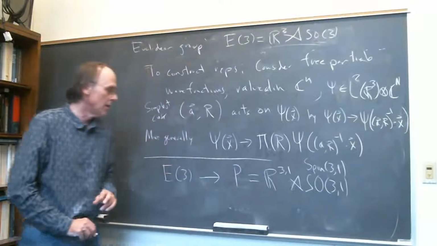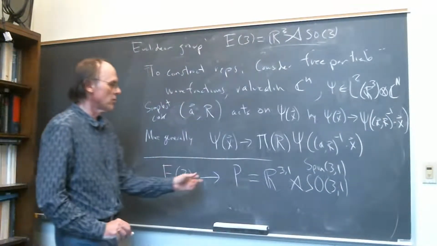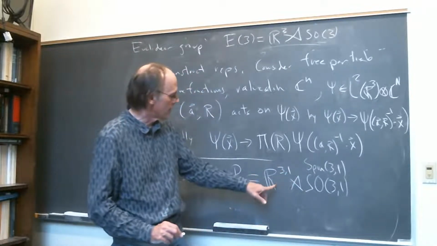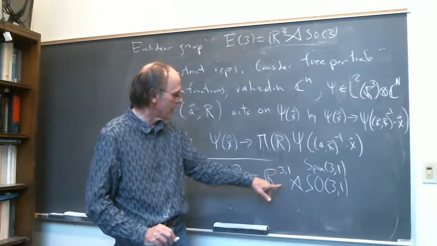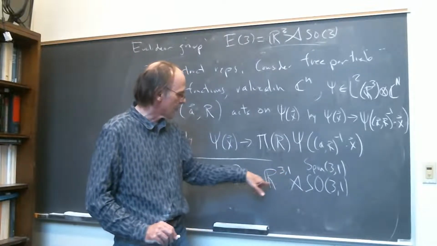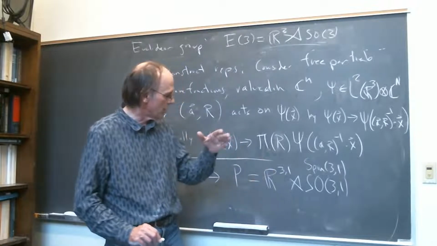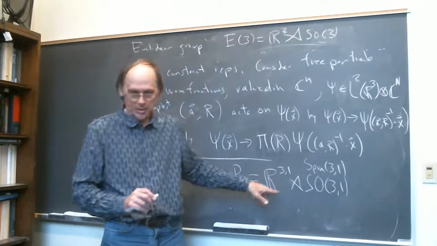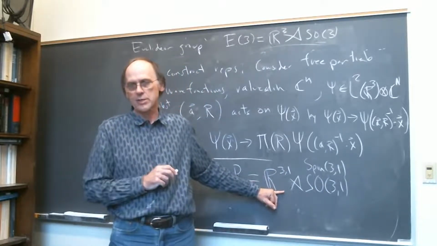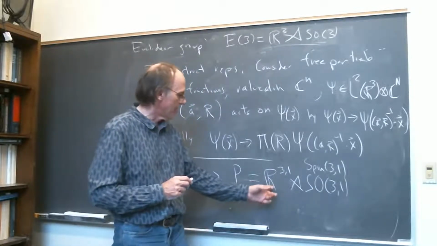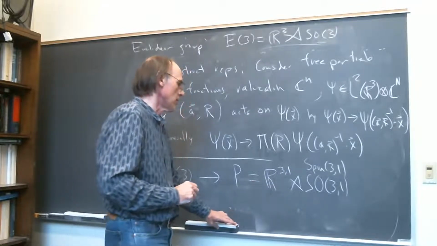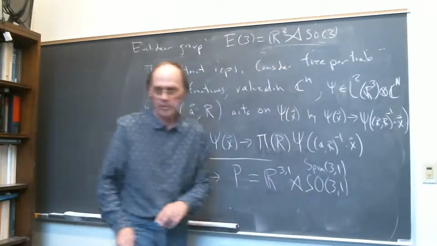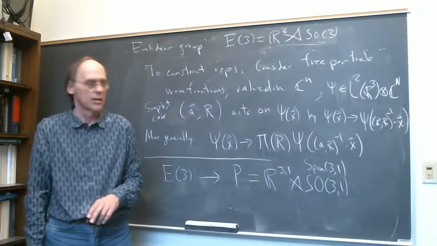All I'm really doing is generalizing the story on E3, putting an extra dimension in. As far as the translations are concerned, the fact that one direction is different doesn't make much difference. So now you have 4 translations instead of 3, and you have this group, which is what we've been talking about for the last couple of lectures.